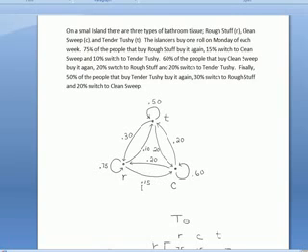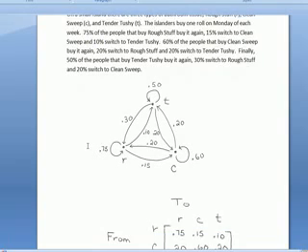If you follow this edge that goes from R to C, it tells you that 15% of the people that buy Rough Stuff are going to switch to Clean Sweep. And if you follow this edge that goes from R to T, it tells you that 10% of the people that buy Rough Stuff are going to switch to Tender Tushy. You can take a look at the problem and the diagram and see how it's made. And again, if you need to, just pause the video, take a look at it, and see if you can figure it out.